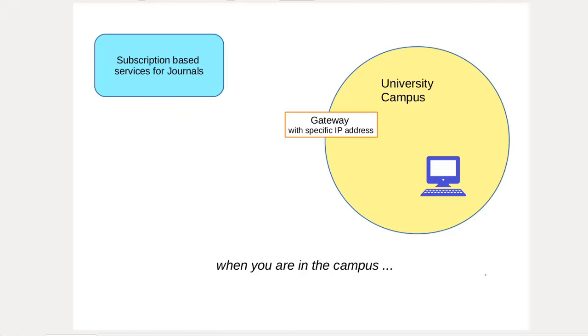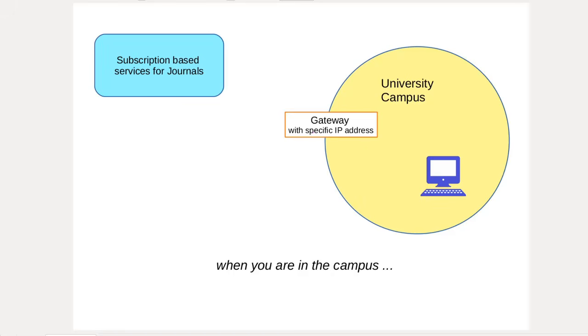Most of the websites that offer subscription based services for journal articles or indexes will recognize who is authorized to access these resources from the specific IP address from which they come.